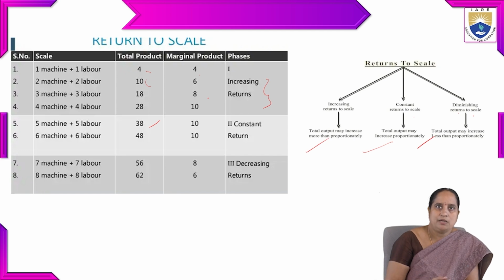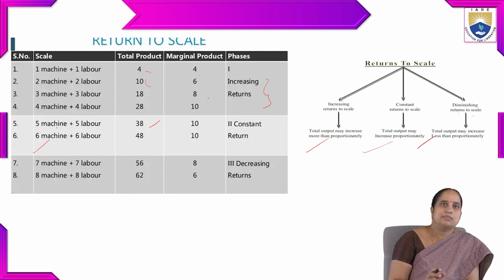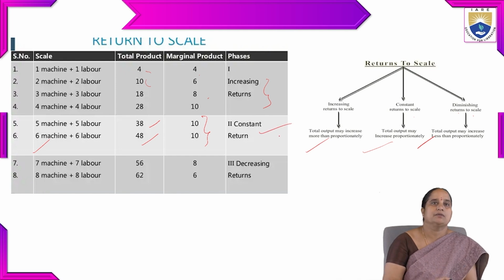The marginal difference between the 4 machine and 5 machine combination is 10, and when you are adding one more additional unit, 6 machines plus 6 labor, the total product went to 48. Again, the marginal product remains the same. So this type of returns are known as constant returns.